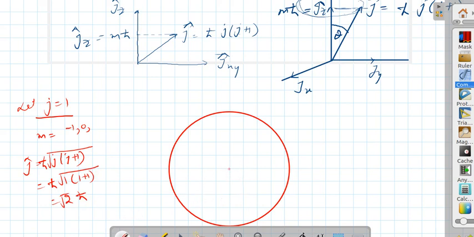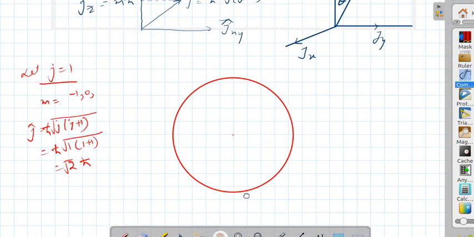So let me do one thing. Let this be the radius, and say it is the z axis. Let me draw it carefully. This is one axis and this is another axis.